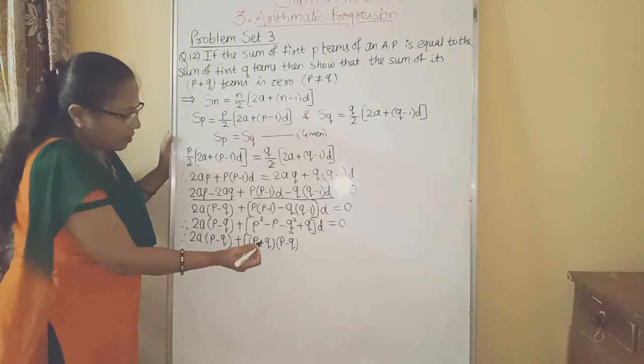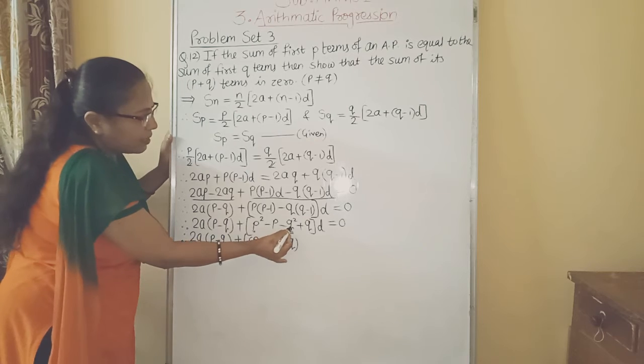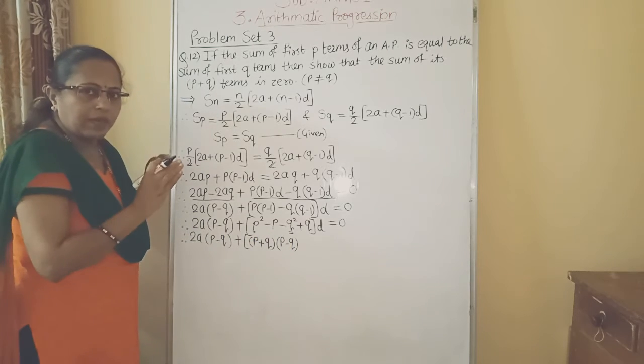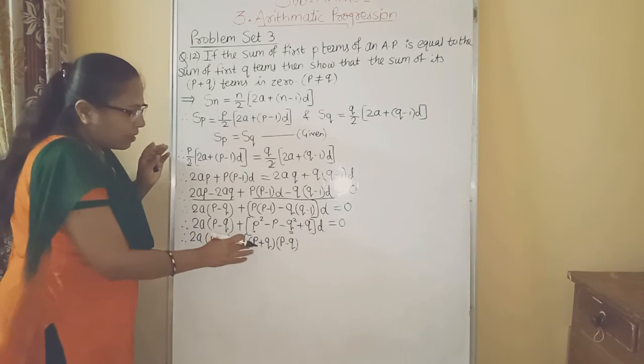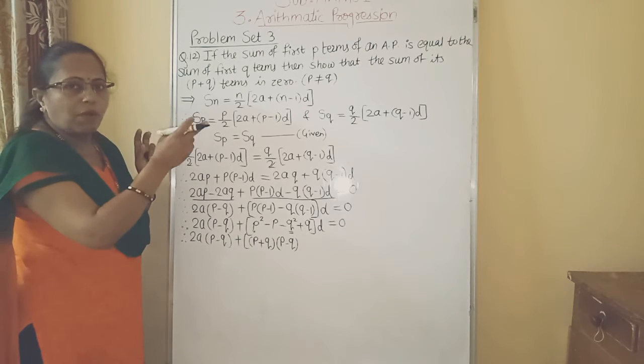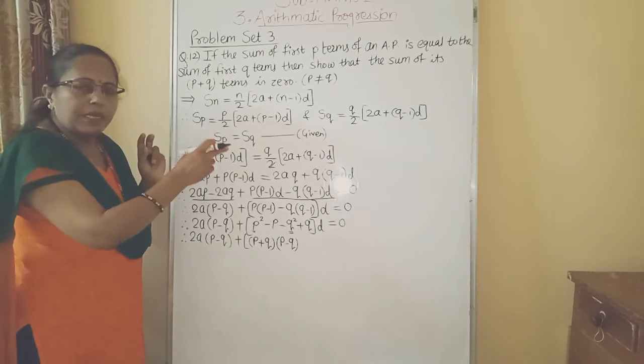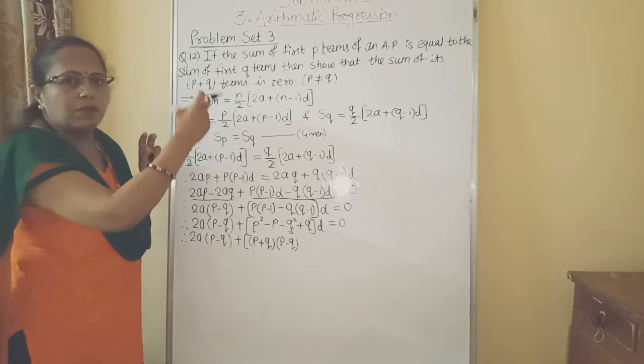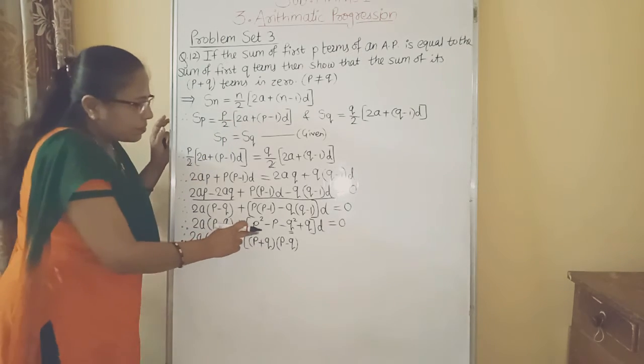Follow this? P square minus q square, if you take together, you will get its factors p plus q, p minus q, according to the formula a square minus b square equal to a plus b into a minus b.